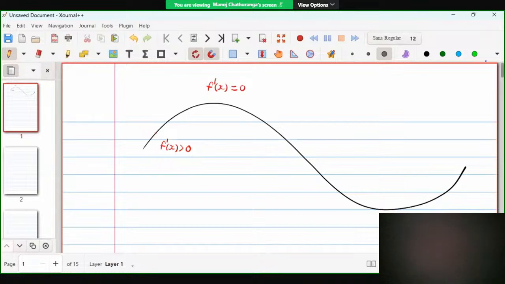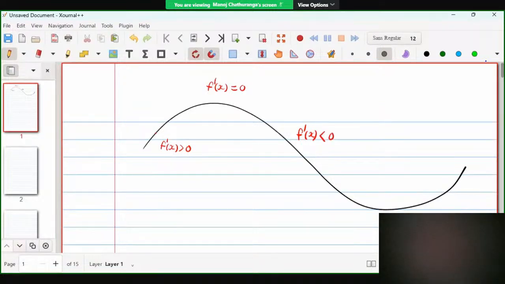And after that, the function begins to decrease, and at a point over here, the tangent line would look like this, and for that line, slope is negative, less than 0.